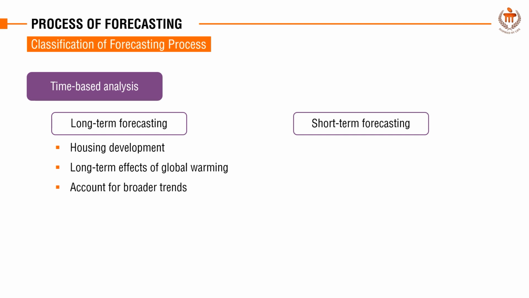These long range forecasts often rely on methodologies that account for broader trends and systematic changes in the economy, society, or environment. Conversely, for shorter periods, parameters such as fuel prices, material availability, and labor availability must be predicted with a more immediate focus. Short term forecasting typically utilizes different methodologies, often emphasizing current market conditions, trends, and seasonal variations.